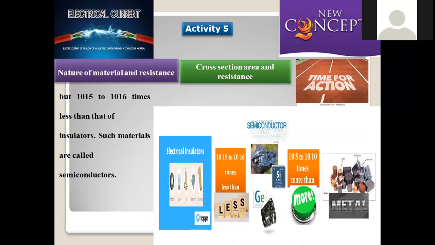Insulators are materials of extremely large resistivity in the entire periodic table. That's the reason why, compared to insulators, a 10 to the power 15, 10 to the power 16 times lower value is offered for these semiconducting materials. So compared to metals their resistance is higher, and compared to insulators their resistance is lower.